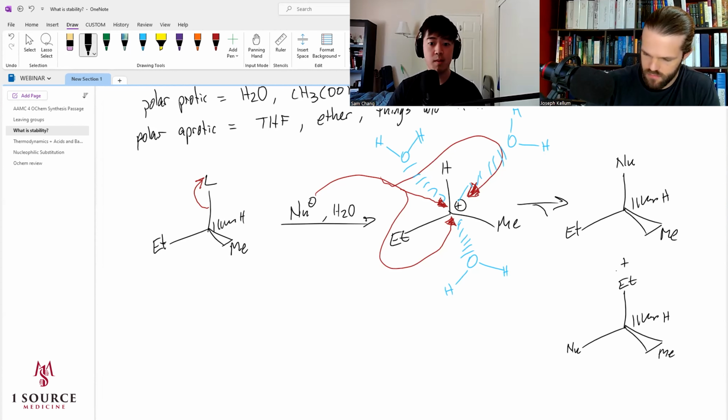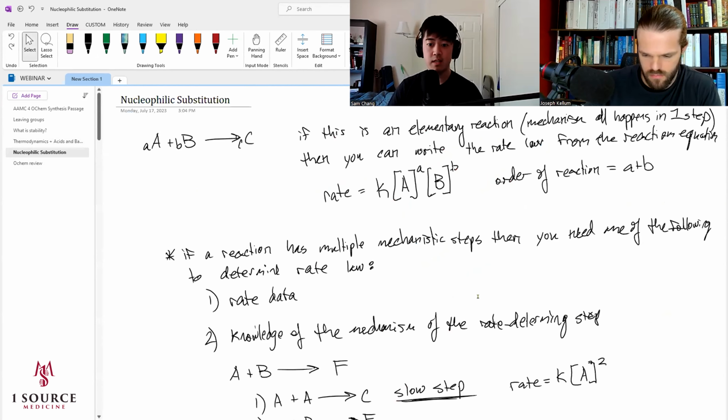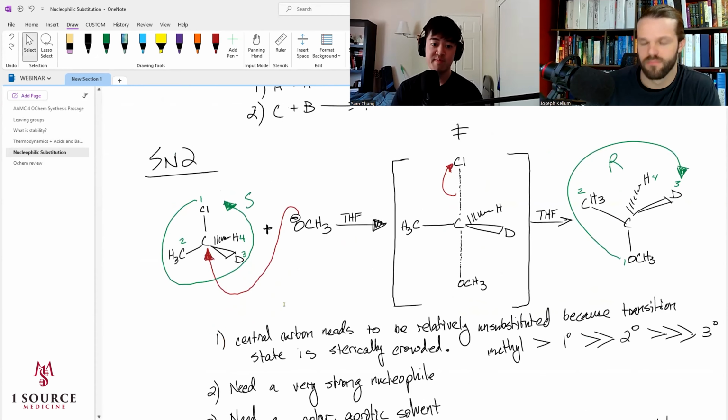You want a polar aprotic solvent for this reaction as opposed to a polar protic because for SN2, you need a really strong nucleophile in order for it to occur.